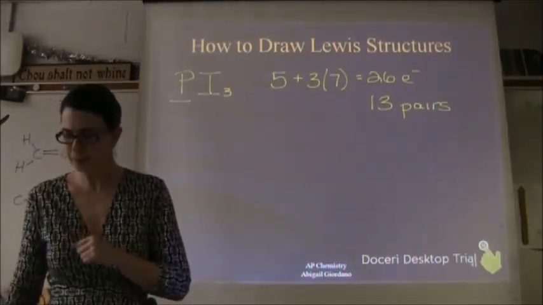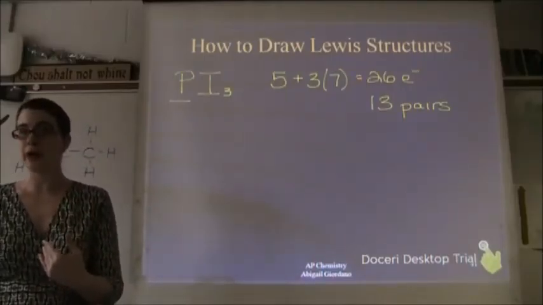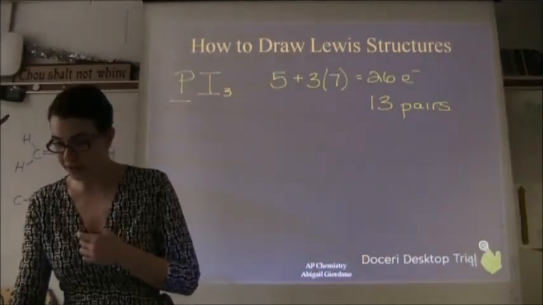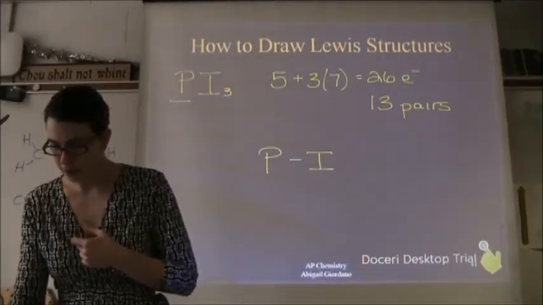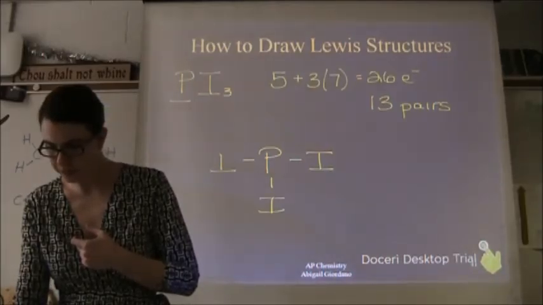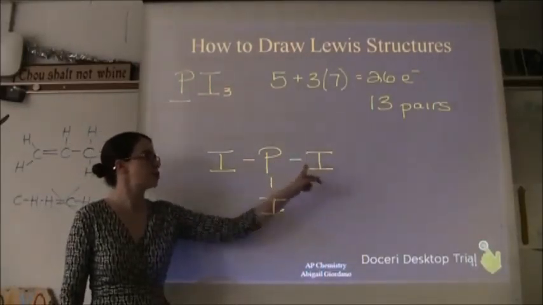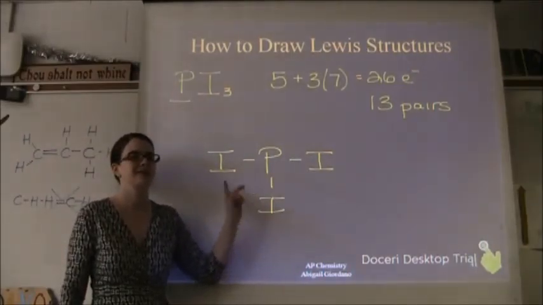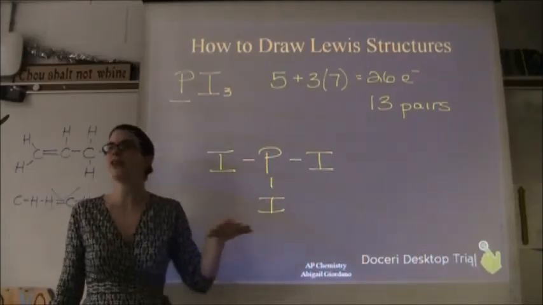Okay. The next step says to draw a framework. Well, we said that we would put phosphorus in the center. And we'll draw these iodines around. If this is my central atom, do you know what you call these ones on the outside? You know the word? Terminal. These are my terminal elements. Like you're at the airport.